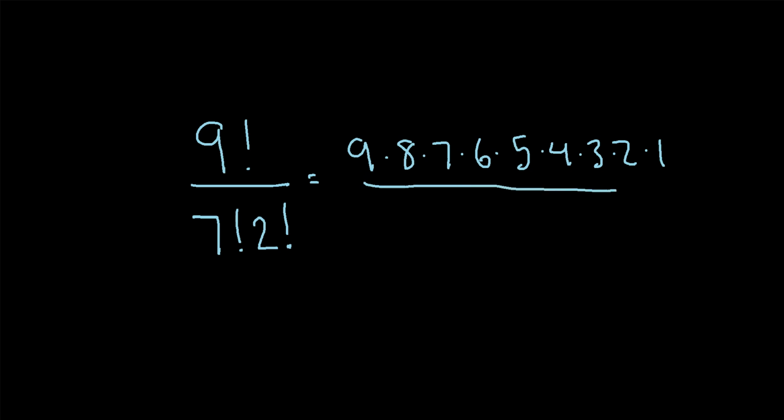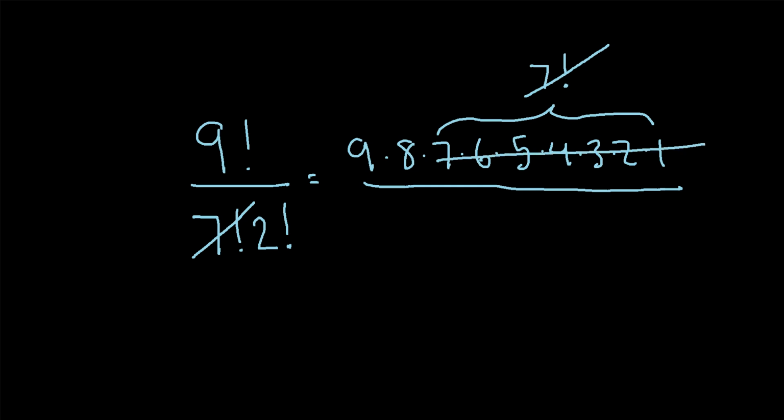And what we'll notice is that this portion right here, from 7 times 6 times 5 times 4 times 3 times 2 times 1, this is all the same as 7 factorial. So what we can do is we can just cancel out this 7 factorial in the denominator with this 7 factorial in the numerator, or in other words, all of these values. So what we're left with is 9 times 8 divided by 2 factorial.